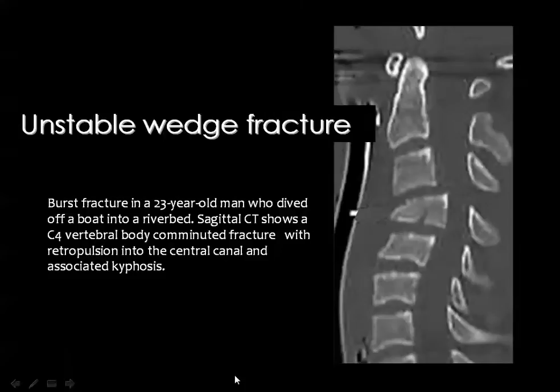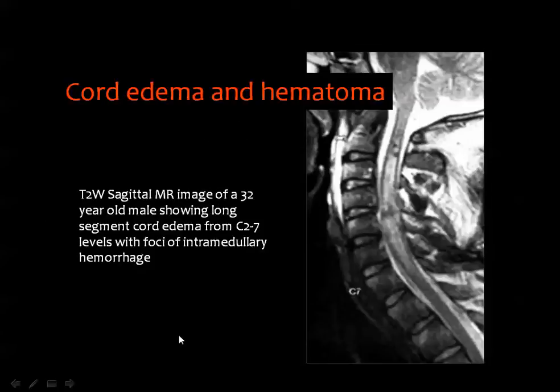And this is a compression wedge fracture of C4, which is posteriorly subluxated. You see the fracture line, you see the anterior wedging, and the posterior border of the vertebra is encroaching on the spinal canal and also commonly compressing the spinal cord.